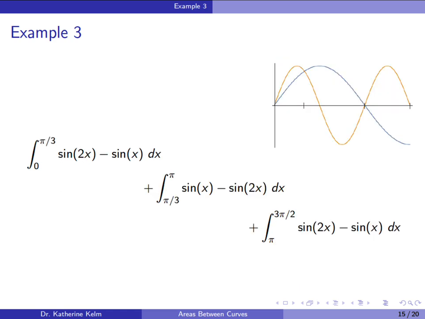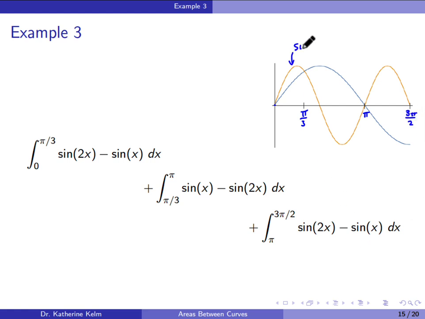Now, of course, if you do know what the curves look like, that's good because we can do a reality check to make sure that the intersection points that we found are plausible. So here we are at 0, the curves intersect. They also intersect at pi over 3 and at pi. And here is 3 pi over 2.